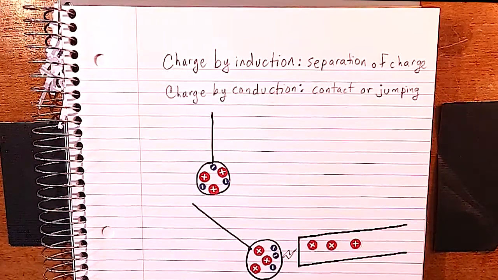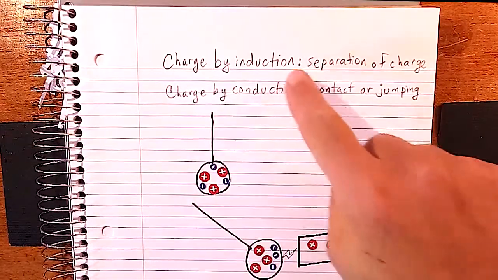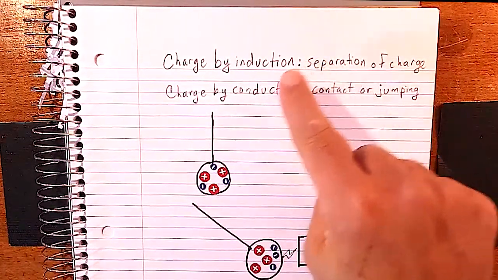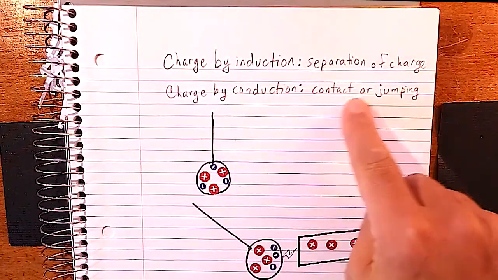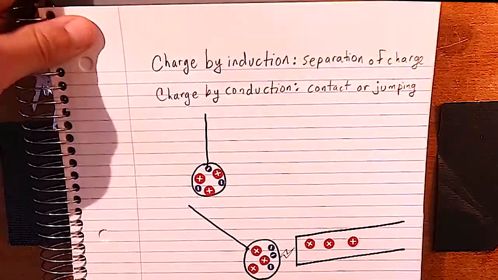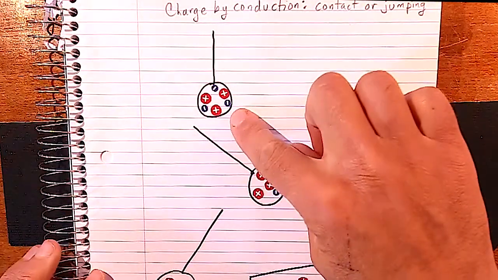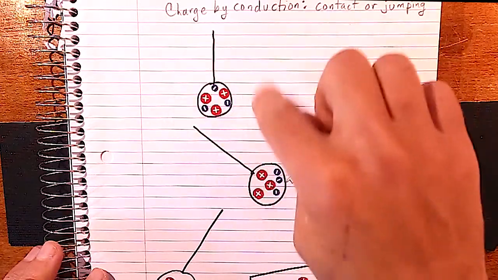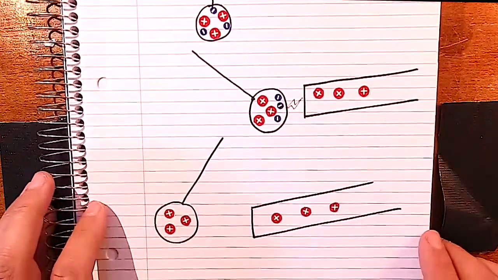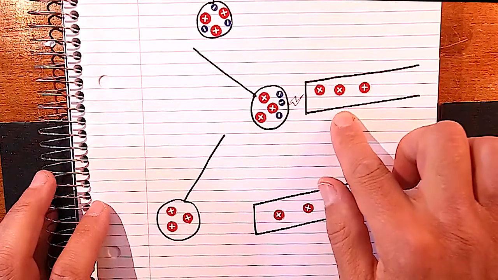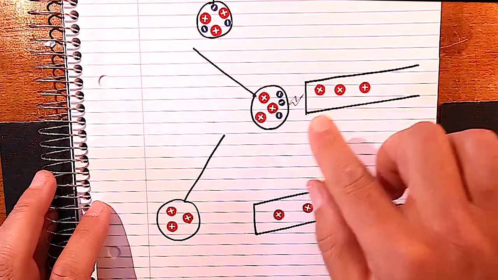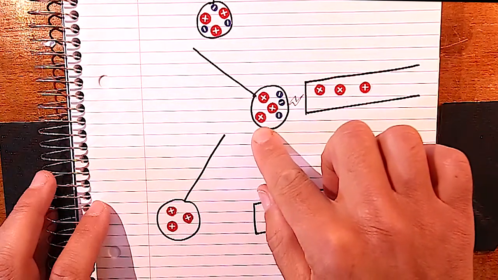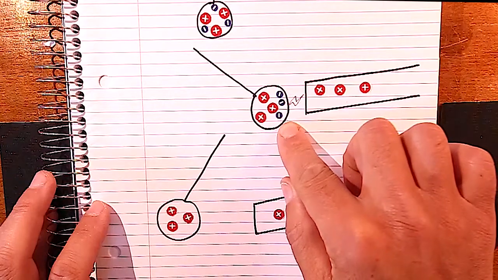Let's look at this same situation in reverse. Induction, the separation, conduction with contact or jumping. So we start out with a neutral pith ball hanging there with equal protons and electrons. This time we bring a positively charged rod. Now that means that the electrons are going to move over to the edge.